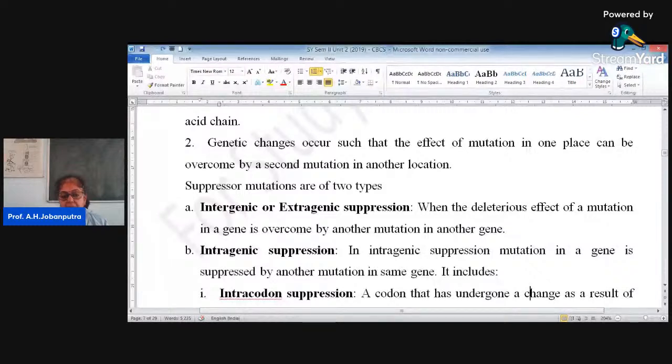When the effect of a mutation in a gene is overcome by a mutation in another gene, we call it extragenic suppression.